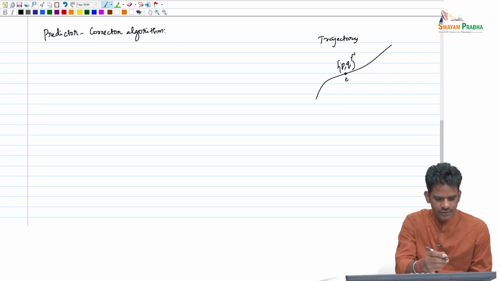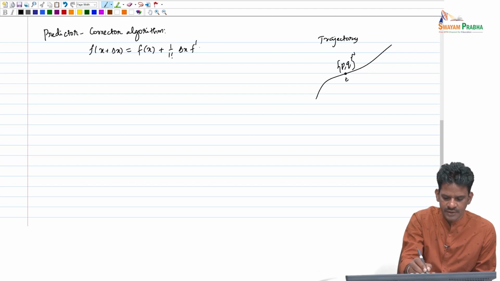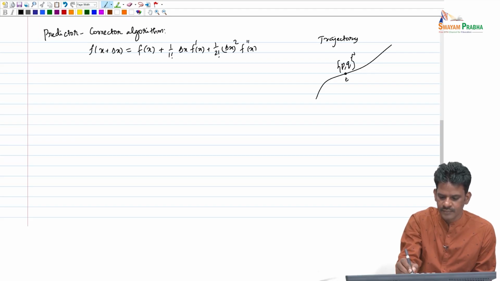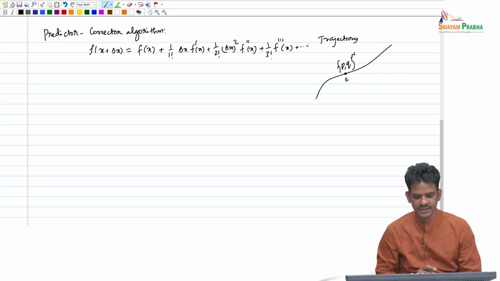As you know, any function f of x, suppose you want to expand f of x plus delta x about x, then you basically write using the first derivative and then second derivative, etc. So any continuous function can be expanded as a series in Taylor series expansion.